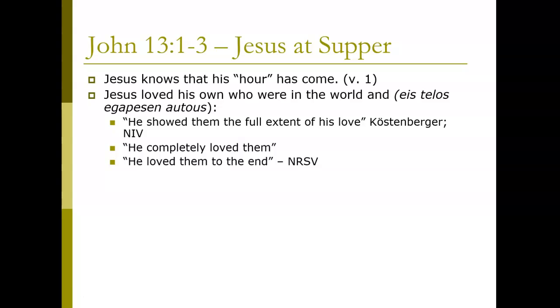What Jesus is showing his disciples is that he loves them to the point of giving up his life. And so in John's gospel, towards the end of the gospel, this love has that kind of connotation or nuance that one is going to self-sacrifice.